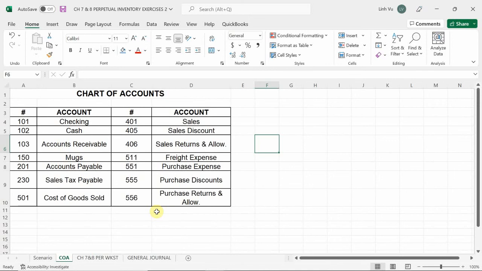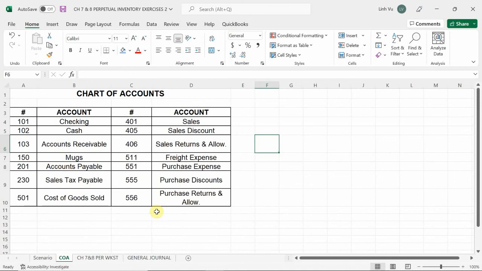Would it be checking? Yes, because in this case, a credit card automatically goes straight to your checking account. So good. Okay, and then what else did I do? Mugs. Not yet. We sold to customer C. Okay.